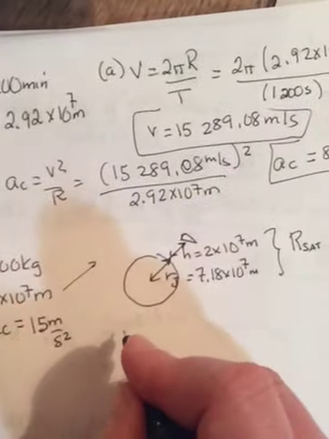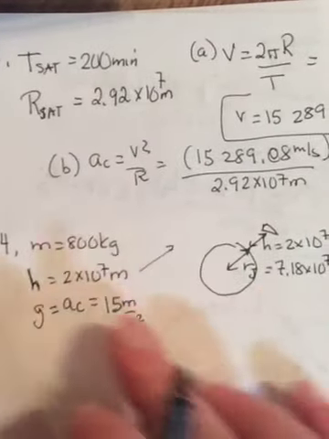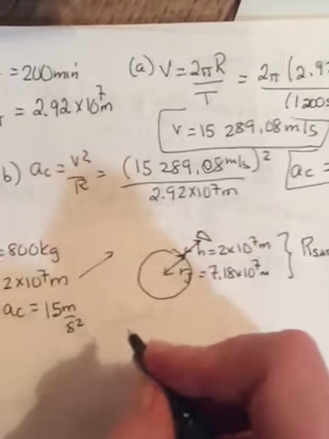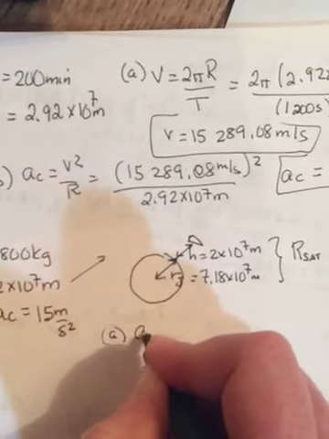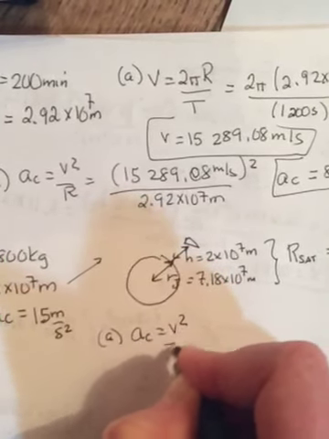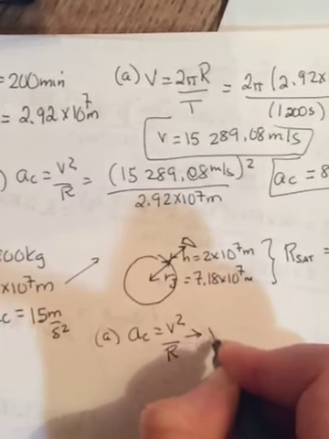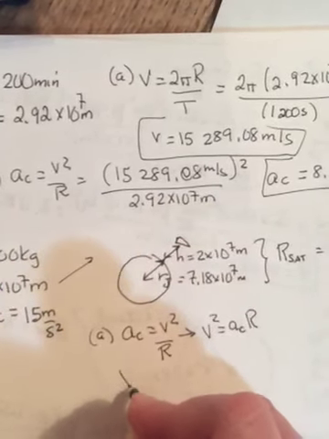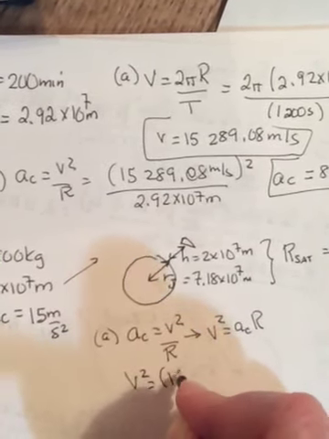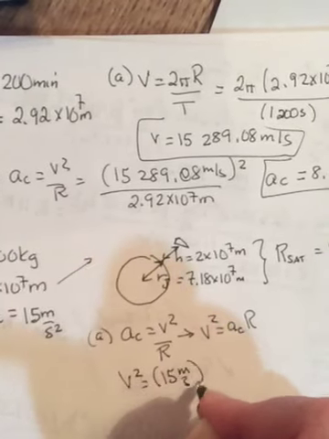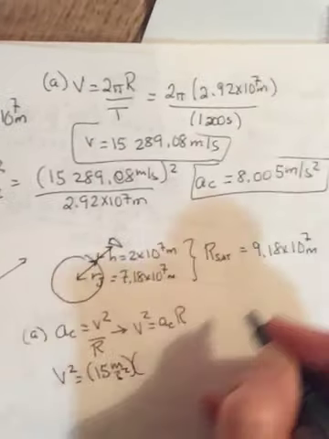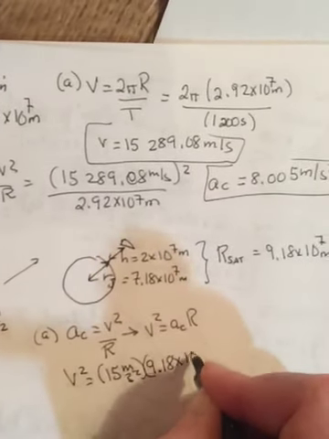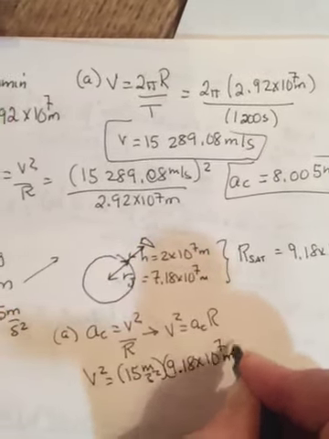So the first question wants the orbital speed. And you have Ac and you have r. So you could use Ac equals v squared over r. So v squared equals Ac times r. So v squared equals 15 meters per second squared times the 9.18 times 10 to the 7th meters.